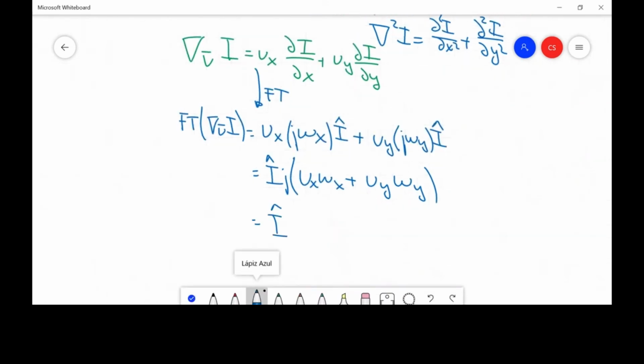This is the Fourier transform of I times the inner product of u with omega.